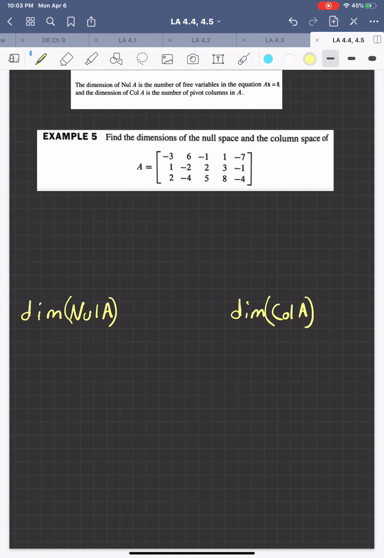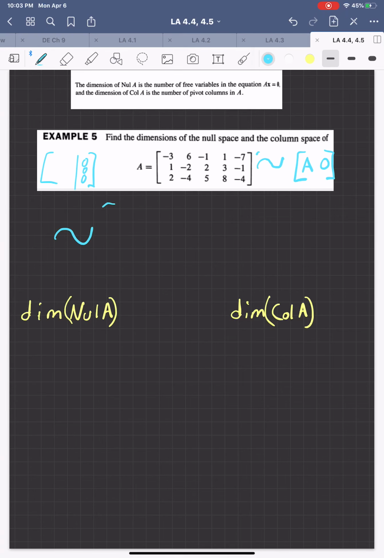Well, the first thing you want to do is, let's reduce this, right? Now, we want to row reduce by setting A equal to 0. Are you ready? So what I'm going to do right now is show you what would happen if you have A written here, and then you turn it into an augmented matrix by putting that last column of all zeros.